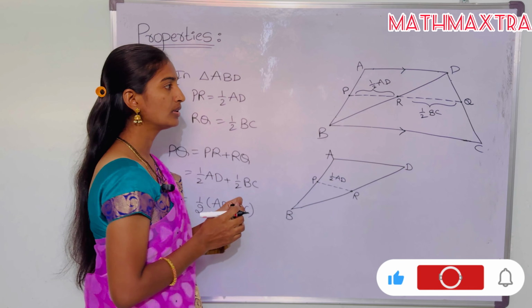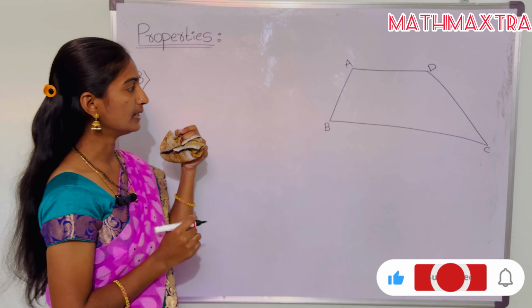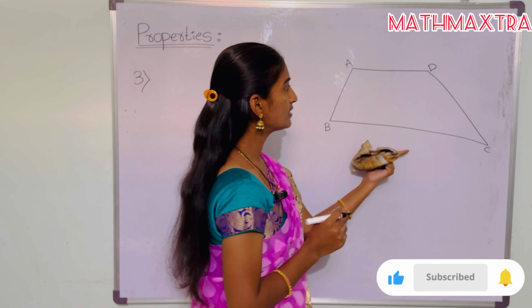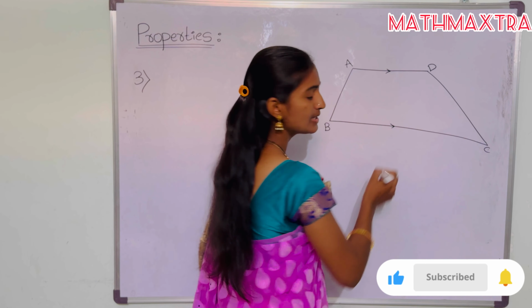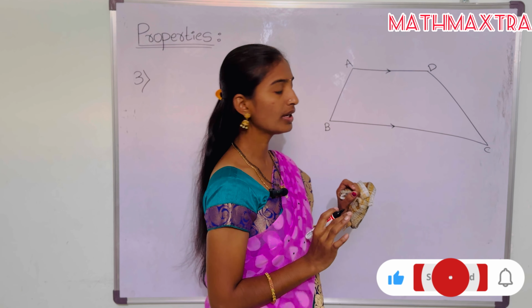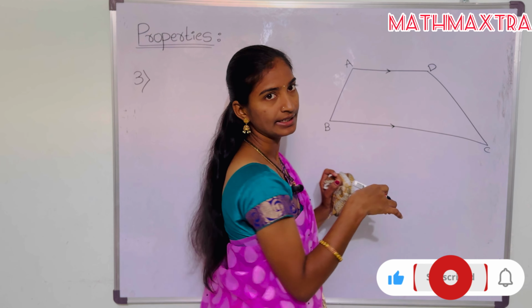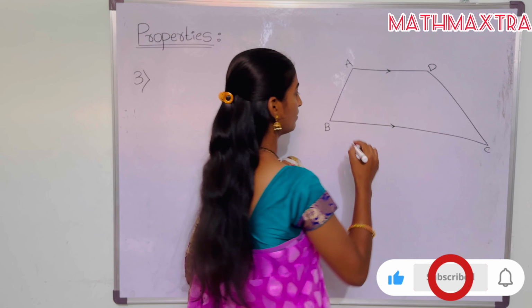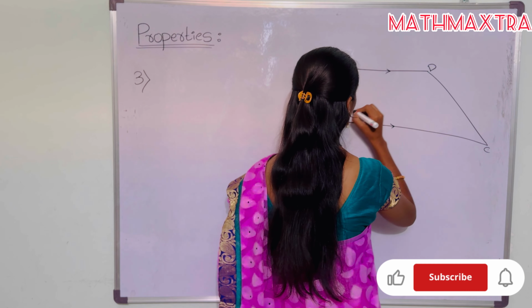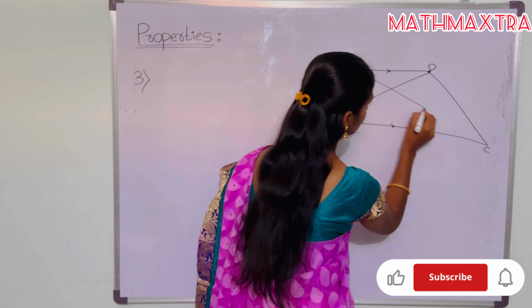And the third property is, see, I am considering a trapezium. In this, AD and BC are two parallel sides, and the non-parallel sides are AB and CD. Now I am drawing two diagonals of the trapezium, which are nothing but one is BD and the other is AC.